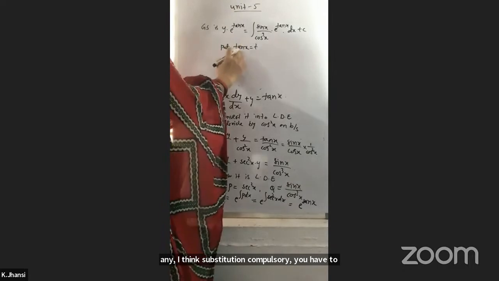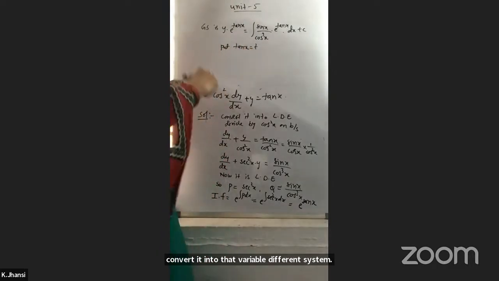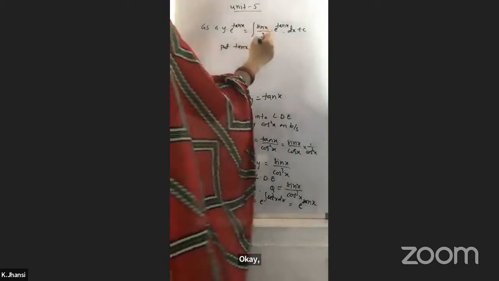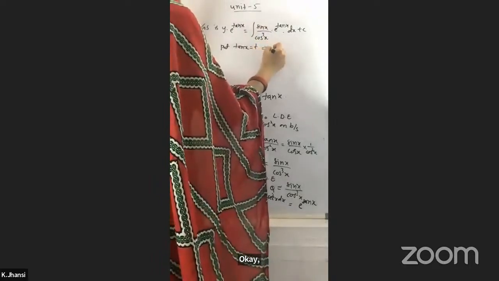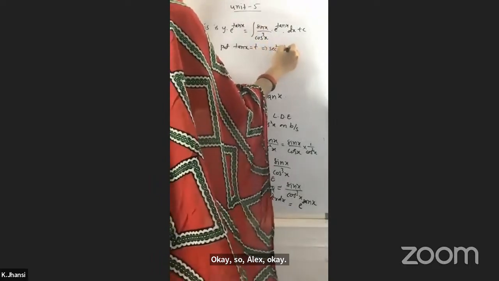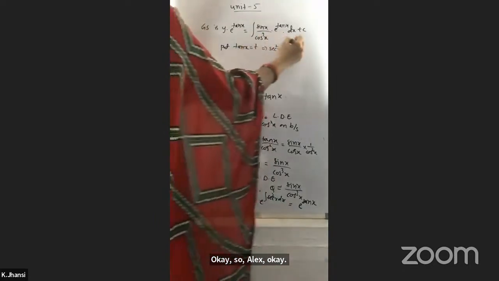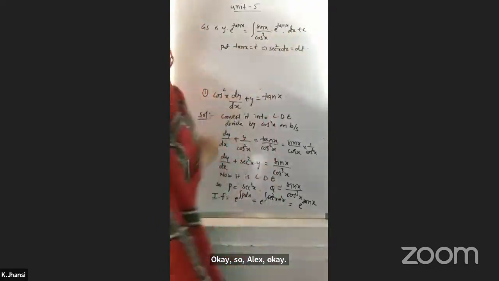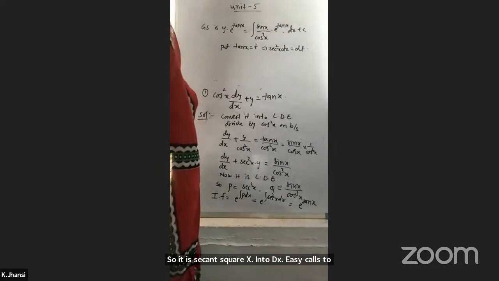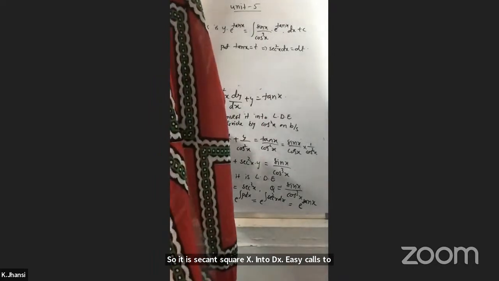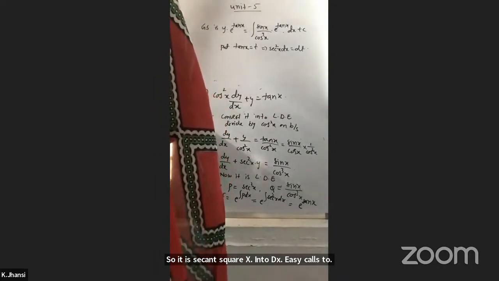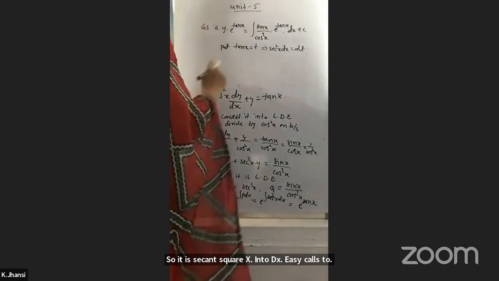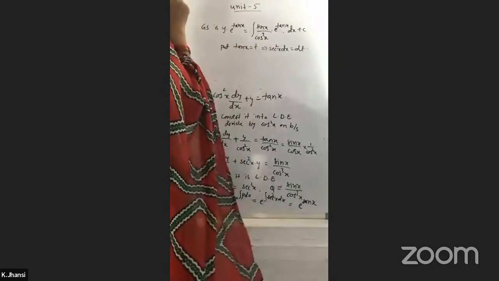Tan x differentiation is secant square x. So secant square x into dx is equal to dt. So secant square x dx equals dt.